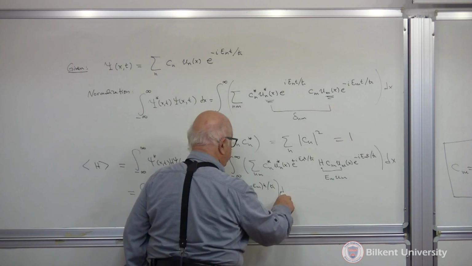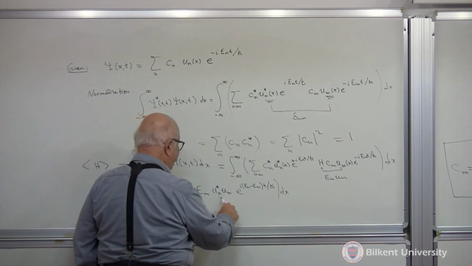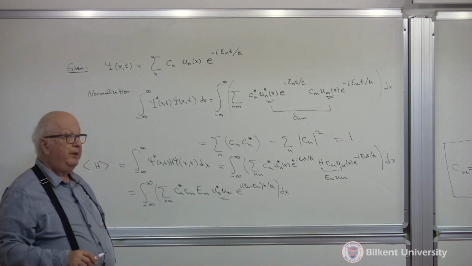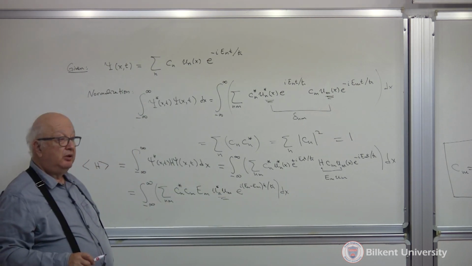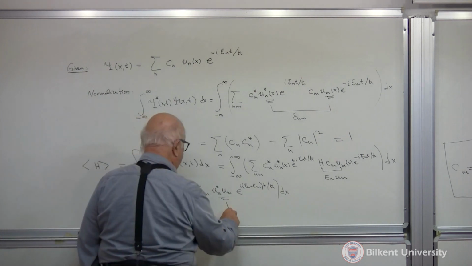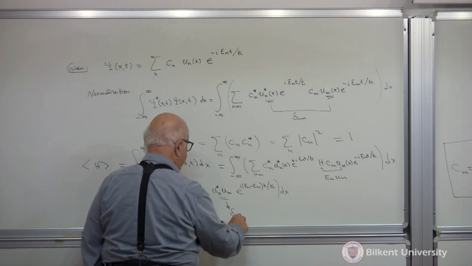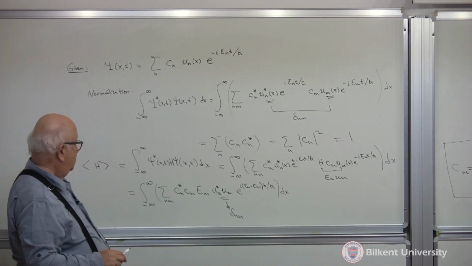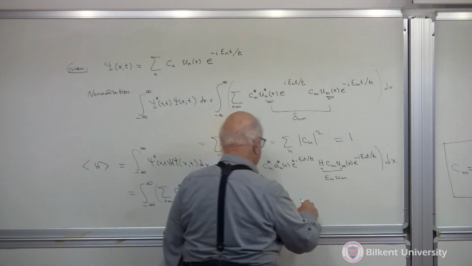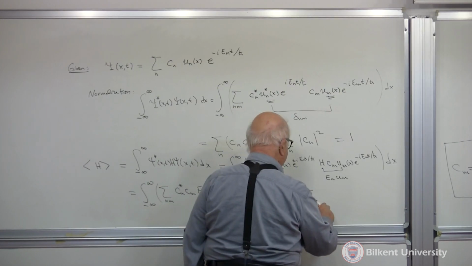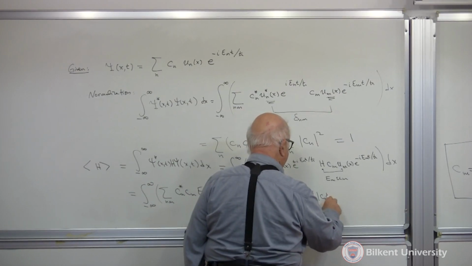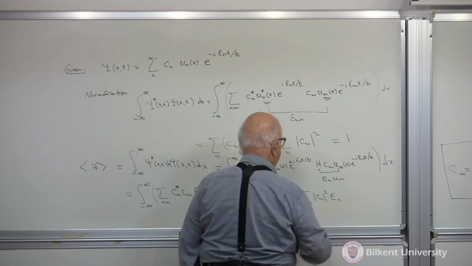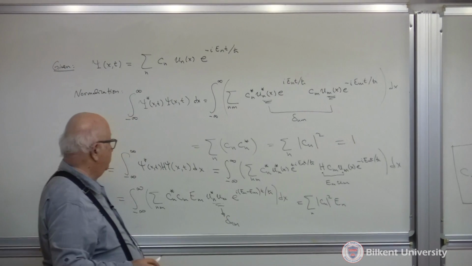Integrate over x. The only x piece of the integral is un* um, and that is going to give me a delta nm. I end up with this nice result that this is now |Cn|² times En, because I'm setting n equal to m.